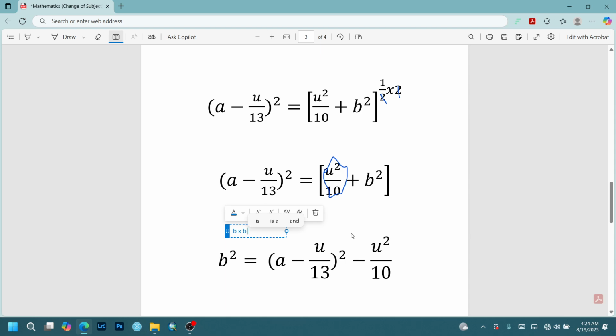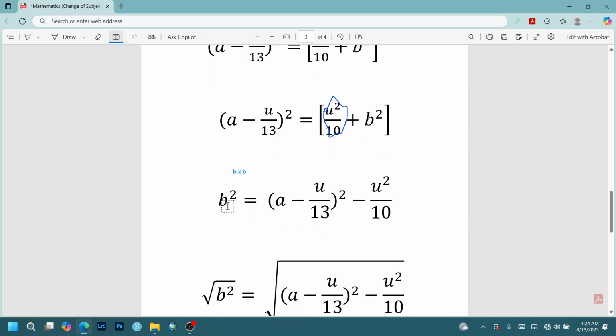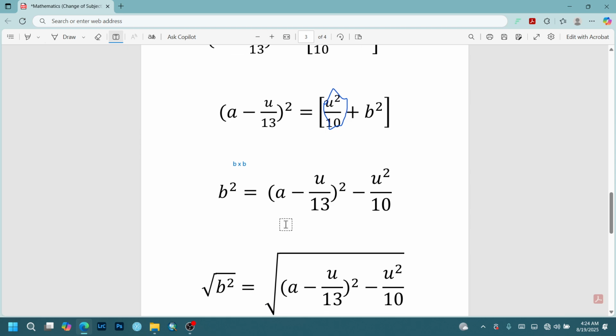In mathematics, in order to eliminate the square, it's either you square both sides or you initiate the square root. If the number is a square, you initiate the square root, and if the number is a square root, you square both sides. So here we are going to initiate the square root because the number is a square.